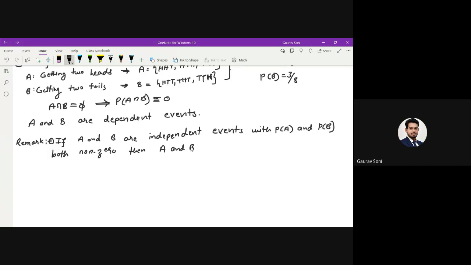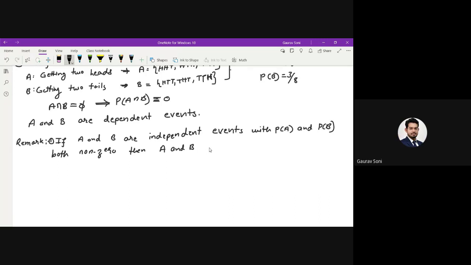What do you think? Can they be mutually exclusive? No, sir. Why no, Manas? Because there is no intersection between them, and for them to be independent events, the product of the individual probabilities should be equal to the probability of the intersection. But here it is given that both are non-zero, so the product cannot be zero.